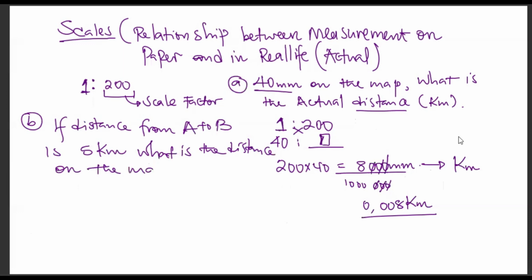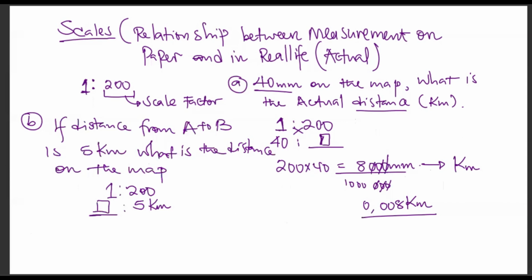We are using the same scale. So what we do, we still call on the same scale. So you bring the 5 kilometers this side. So we continue and we shall say, what will it be in real life? Sorry, what will it be on paper?